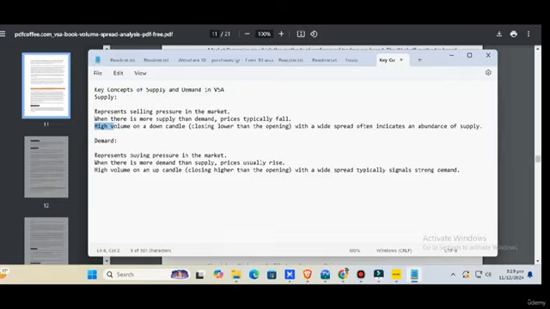High volume on a down candle. Keep this in mind: high volume on a down candle, closing lower than the opening with a wide spread, often indicates an abundance of supply. This is also a first point for accumulation and distribution. If you are well familiar with this, then this is also a supply indicator.